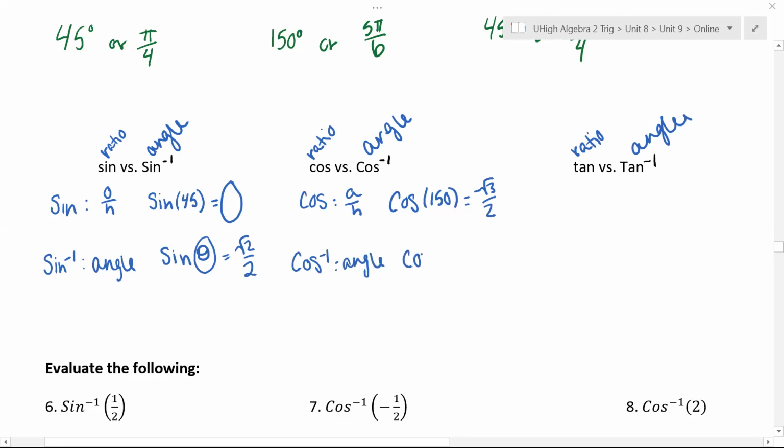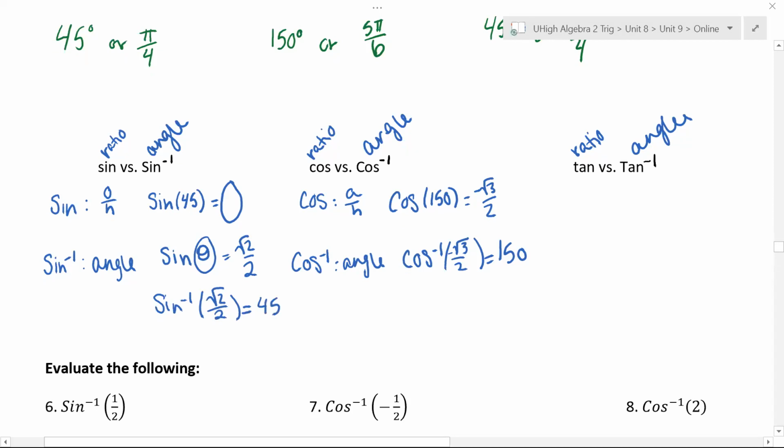So I would write the inverse cosine of my ratio equals my angle. When I'm writing these inverse trig functions, I write inverse cosine of my ratio equals the degree. So in the case of the sine, I would write the inverse sine of my ratio equals my degree.